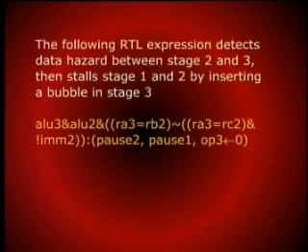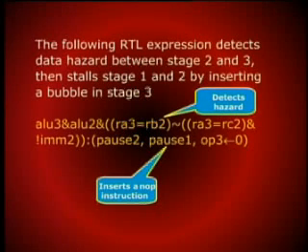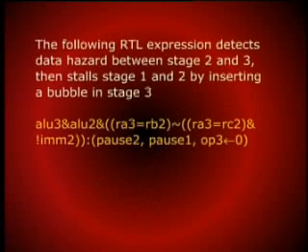That means the ALU instruction in stage 2 is not using an immediate operand. If this happens, it indicates a hazard, meaning that two ALU instructions in stage 2 and 3 with common registers and not immediate mode would indicate a data hazard, and therefore if it is true, it would be detected as a data hazard. What needs to be done?